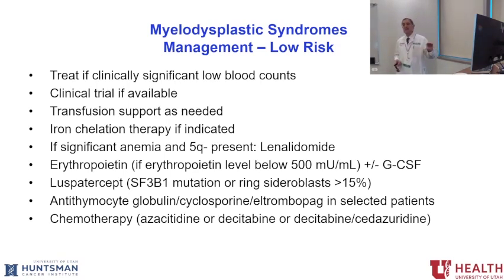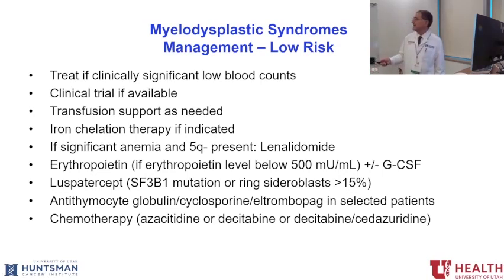There are selected patients with MDS, again based on what the bone marrow looks like under the microscope and some other criteria, where they could be treated in a totally different way using drugs that can suppress part of the immune system.